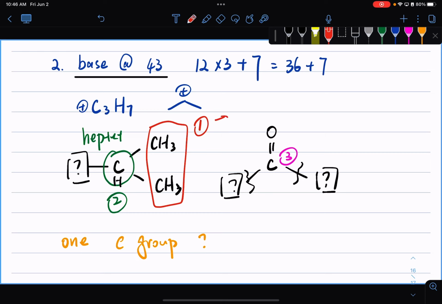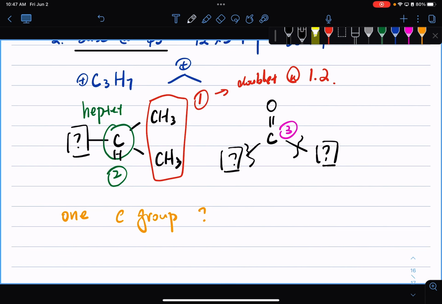The red one is our doublet at about 1.2. So that's matched up. But for my green heptet to be a heptet, this carbon does not have any other neighboring hydrogen. It must be attached to something that doesn't have any hydrogen on it. What is the carbon with no hydrogen on it?